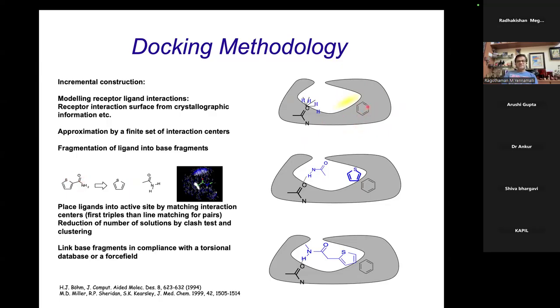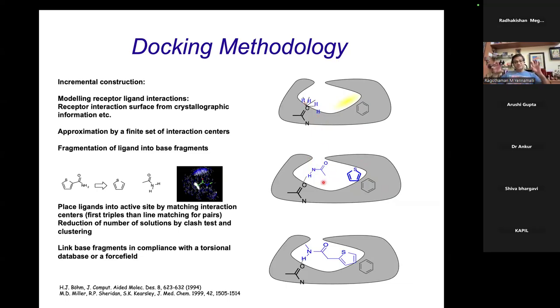So if it is a hydrophobic patch, it makes a lot of sense to have the ring structure placed there, because most of the time there will be cation-pi interactions or pi stacking or some kind of hydrophobic interactions happening between them. And since there is an oxygen here and a hydrogen, these are hydrogen bond donors and acceptors. And if you have a charged area in your protein surface, then you can place that.